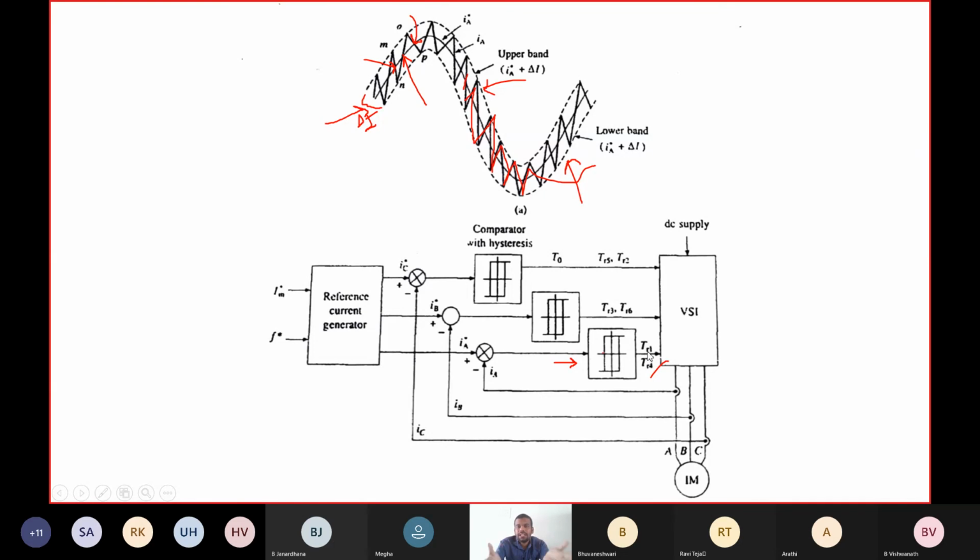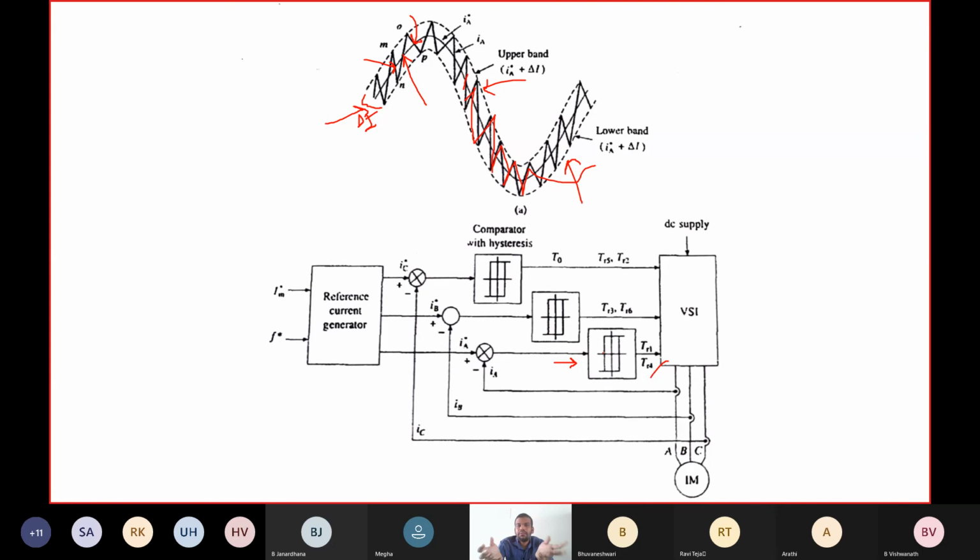The hysteresis band consists of an upper band and a lower band, and the difference is called delta I. The upper band is the positive band and the lower band is the negative band. When phase A is connected to the positive terminal, TR1 is on and TR4 is off. When TR1 is on, IA is positive. When TR4 is on, IA is negative.